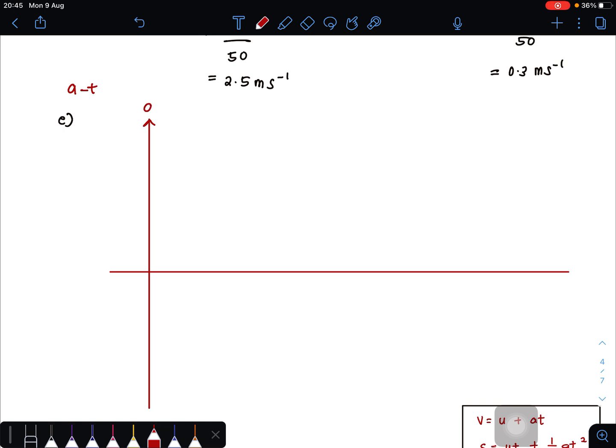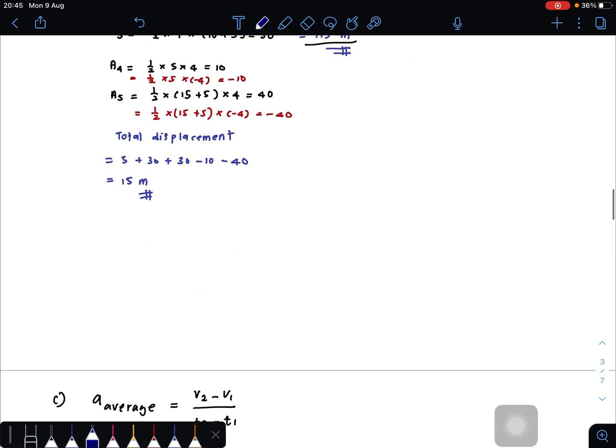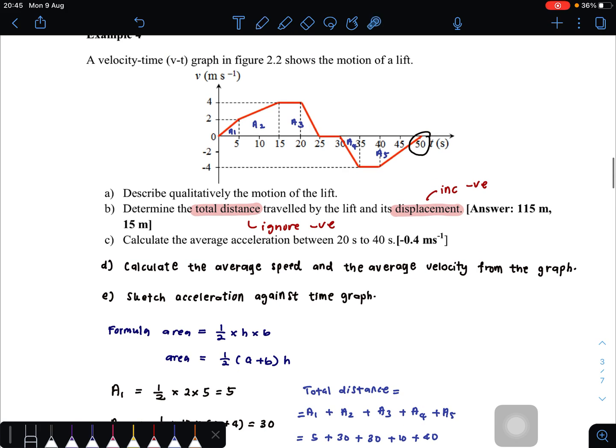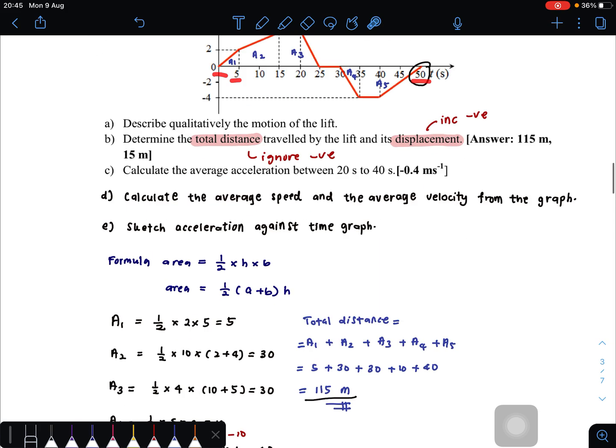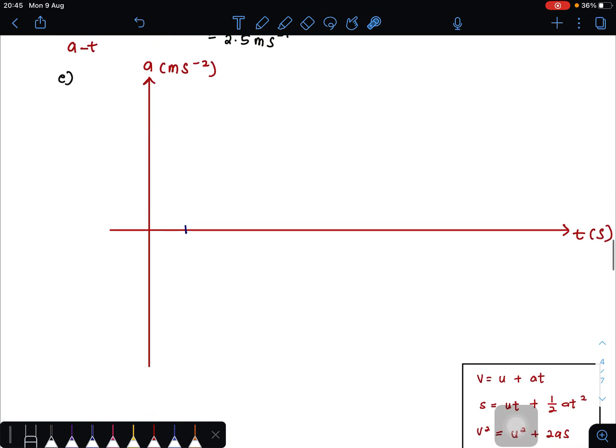So label here the acceleration, meter per second squared, and then the time, in second, and then just label the numbers according to the time in the original graph. So we have 0, 5 until 50. So label that first. Five, 10, 15, 20, 25, 30, 35, 40, 45 and 50.